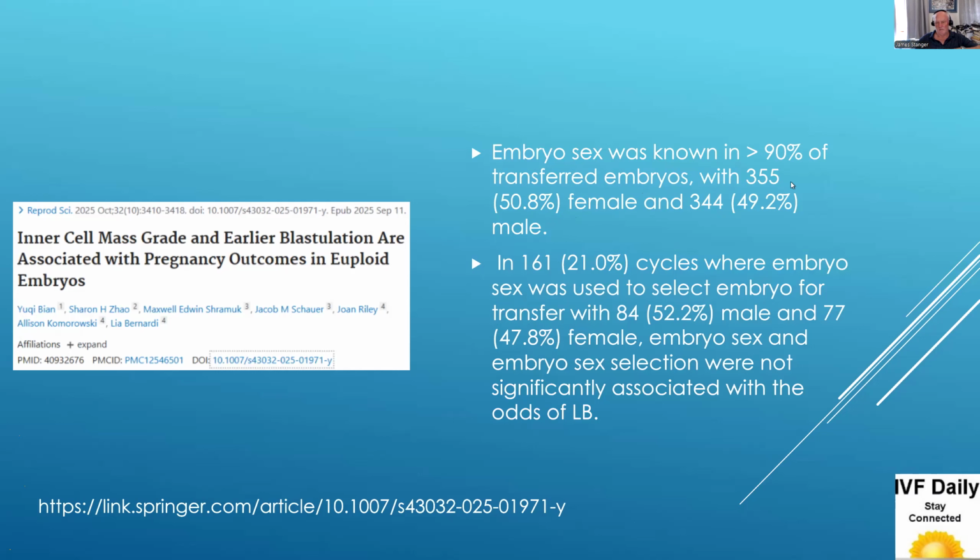That is, even when you knew the gender of the embryo from your PGA testing, in reality, the embryos you transferred were basically one-to-one, a slight skewing of females. In 161 cases, or 21% of their cycles, where the embryo sex was known and was used to select the embryo for transfer, even in those situations, you're only skewing the sex ratio to 52%.